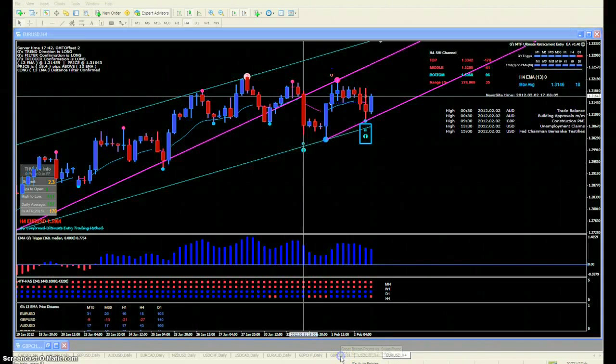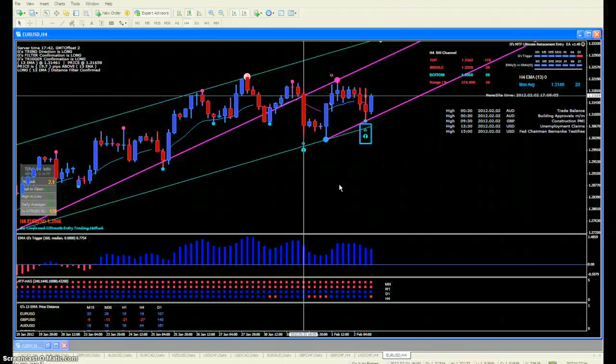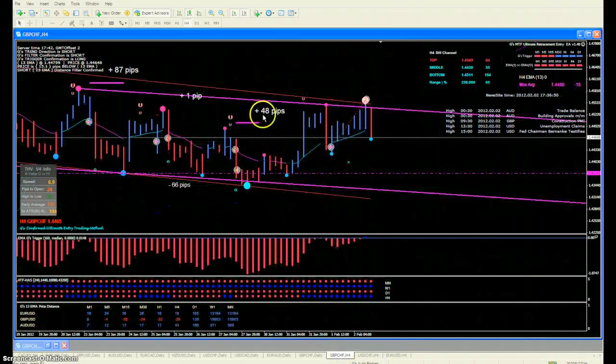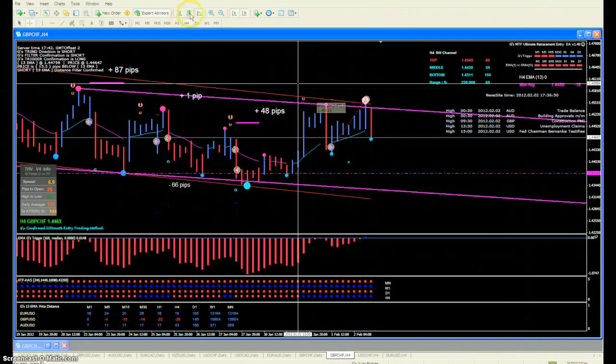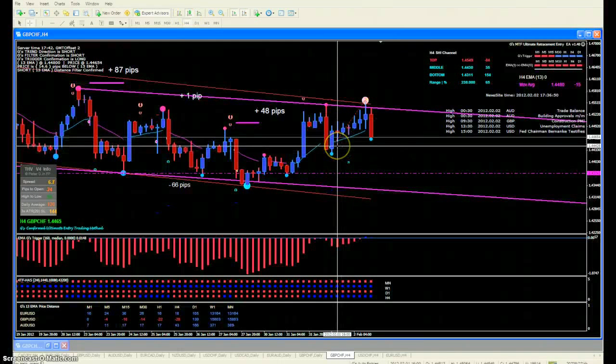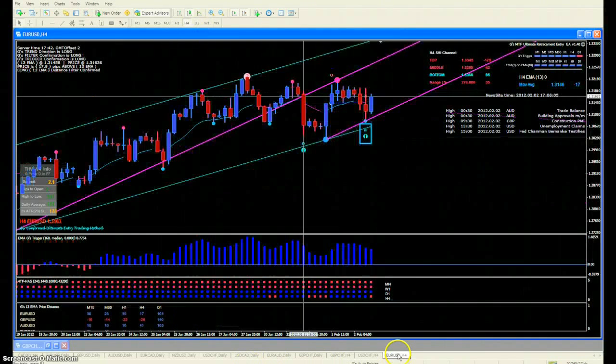As a matter of fact, let me go and measure. Roughly about 115 pips.